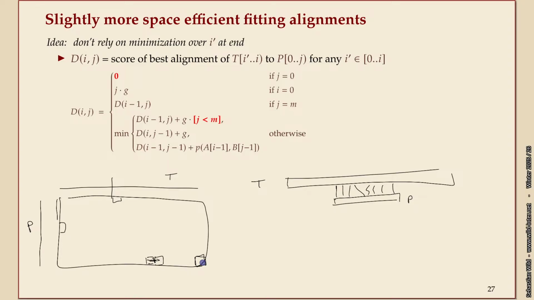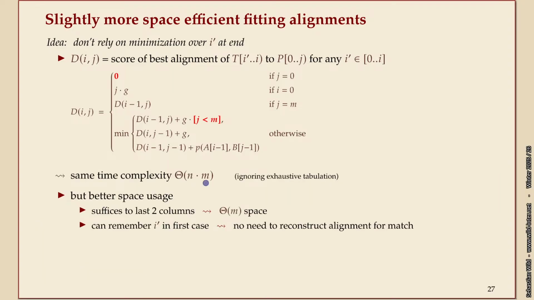And that's the prerequisite for doing the space-efficient alignments we've discussed in Unit 3, I think it was. The rest is the same, so we still need the same time complexity, but for the space we can improve. First of all, to just compute the score, we only need the last columns, or maybe one column might be enough if you override cleverly, and you can do it with 2 columns for sure.